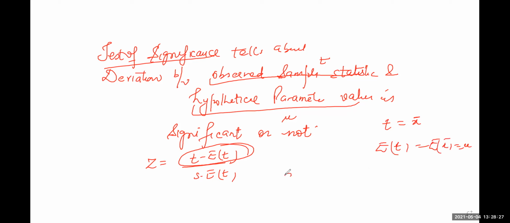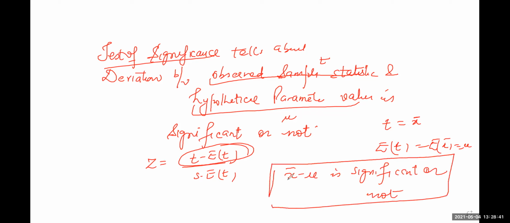It means आप चेक कर रहे हैं कि इन दोनों के बीच का जो डिफरेंस है, difference between x bar and mu is significant or not. So ये हमें कौन बताता है? The test of significance. या दो इंडिपेंडेंट सैंपल स्टेटिस्टिक्स ले लीजिए, एक मैंने x1 bar ले लिया और एक मैंने x2 bar ले लिया.